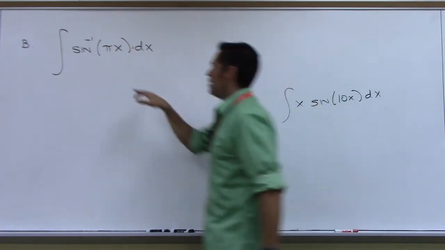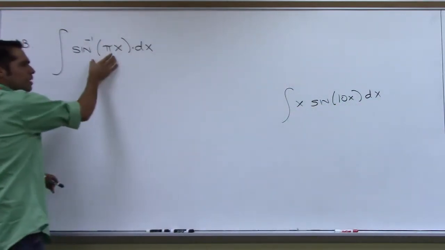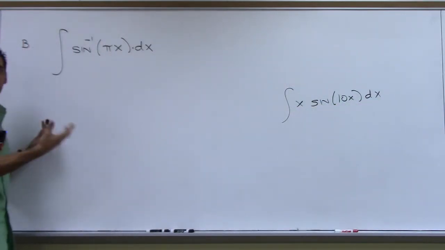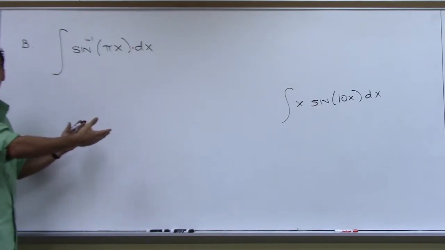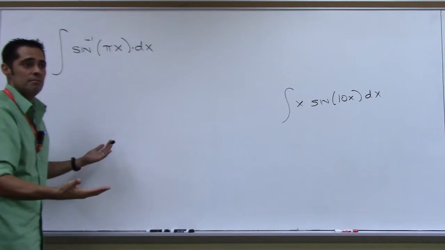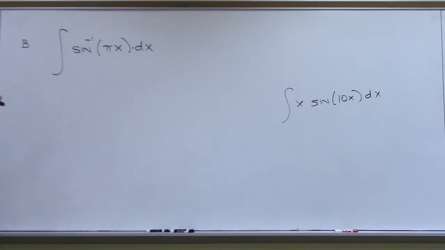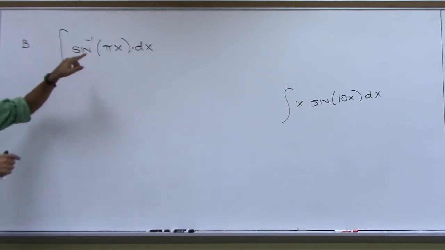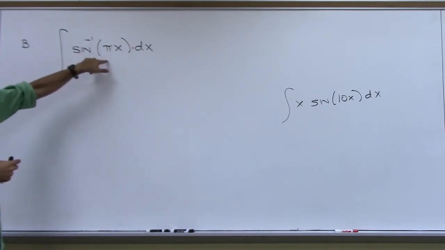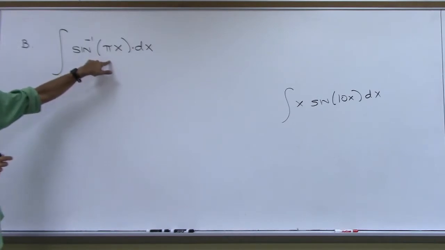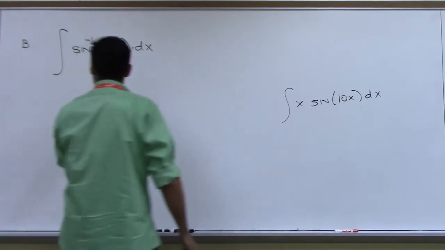Do you all agree that if I choose this to be u, its derivative is nothing nice? I don't really appreciate that that got better. But it's really my only choice. And that's why I'm calling this the not so obvious integration by parts. Because it's not obvious that this should be even integration by parts to begin with, and then that the best thing to choose is this. You with me? Okay, but let's just see what happens.